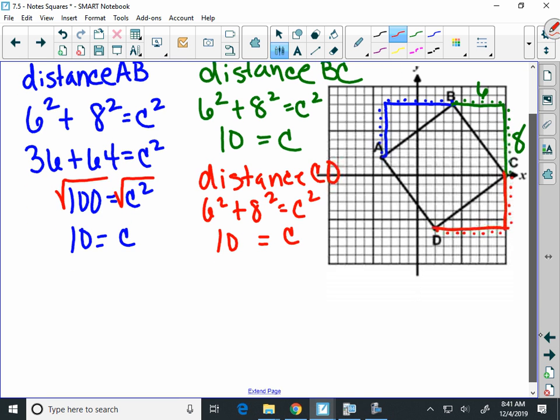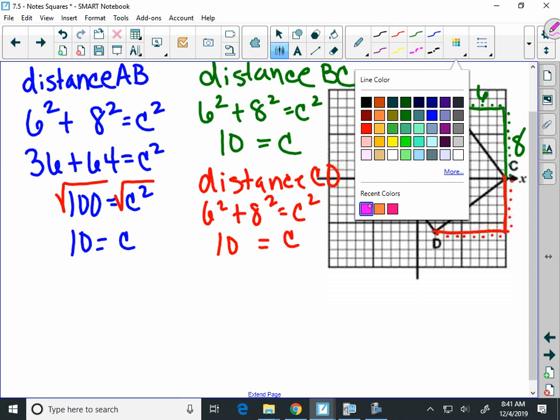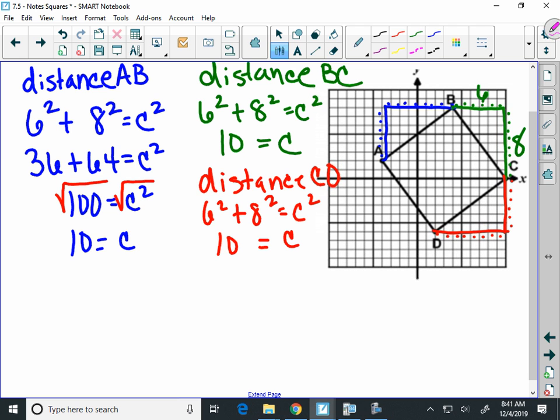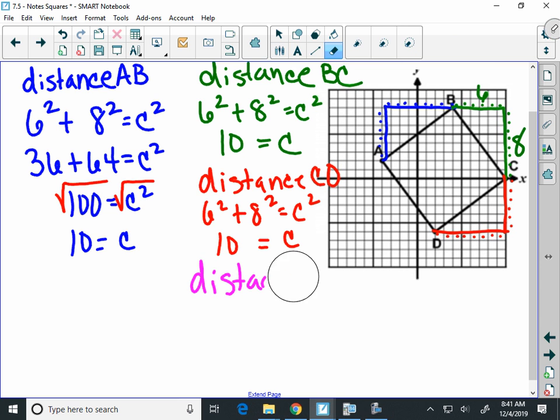And we need to do one more computation here, which is going to be the distance of AB.